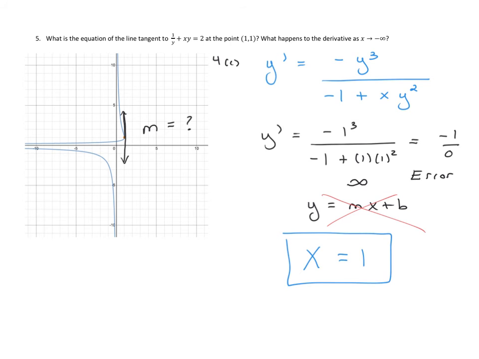I also asked what happens to this derivative as x goes to negative infinity. And if you look at the graph, it looks like it starts to level off, like the slope keeps getting closer and closer to 0. If you examine this equation, so let me just write the equation down. No matter what value you put in place of y, x keeps getting bigger and bigger and bigger.